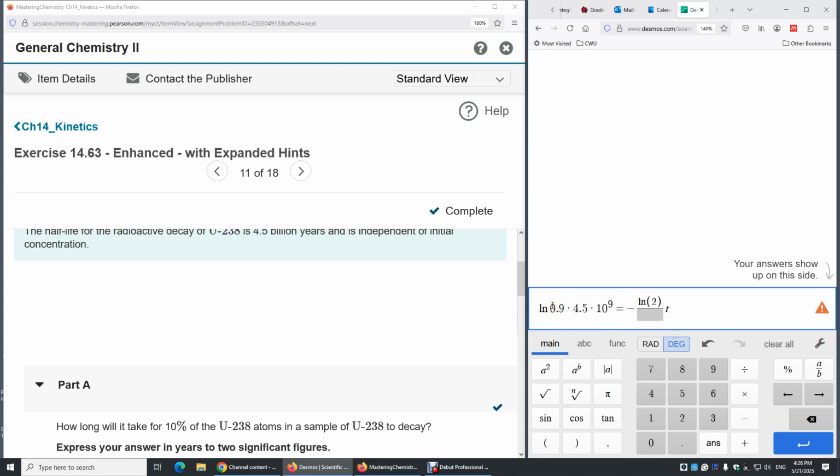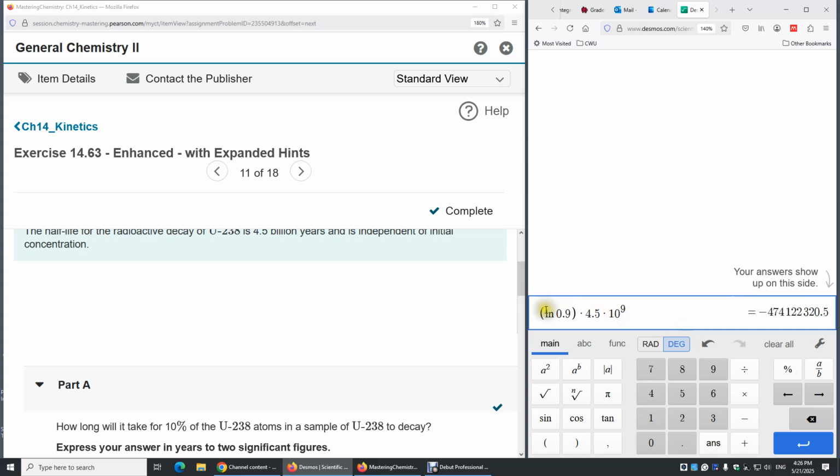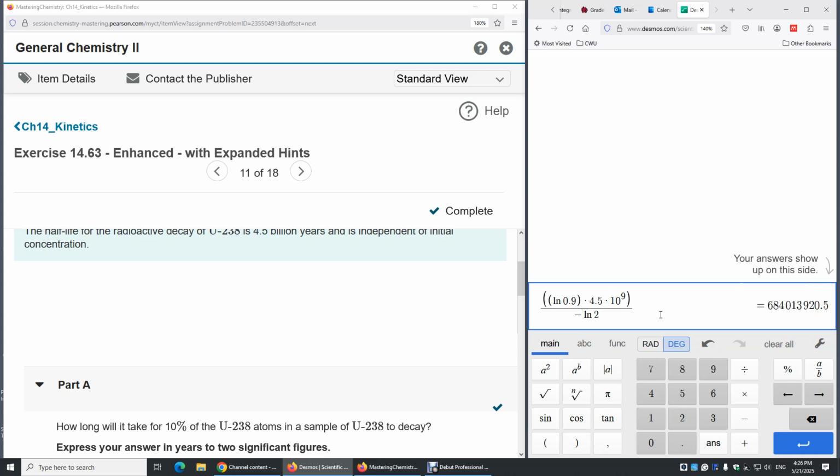I'm just going to show you the individual calculations. Over here we have ln 0.9. Just want to make sure I take ln 0.9, and then finally divided by negative ln2. So this whole thing divided by negative ln2.